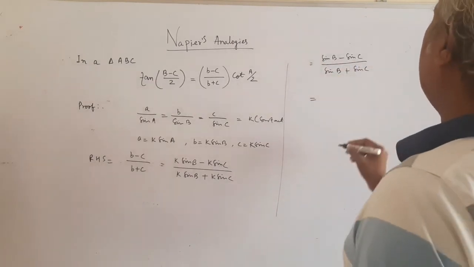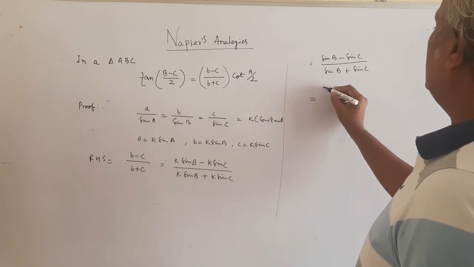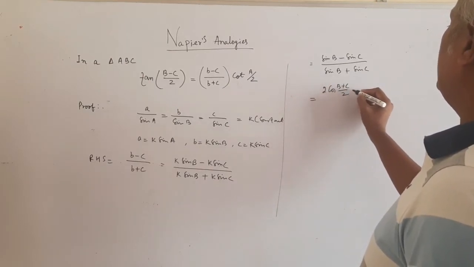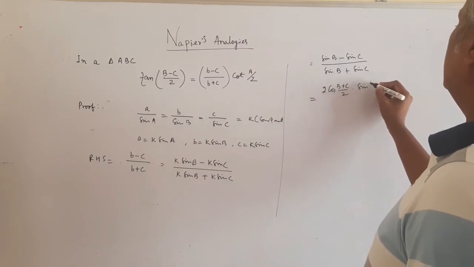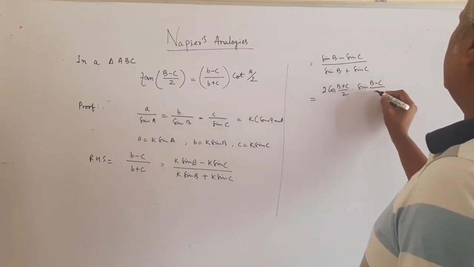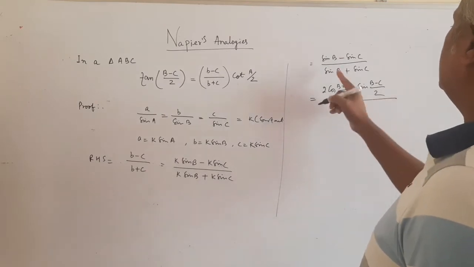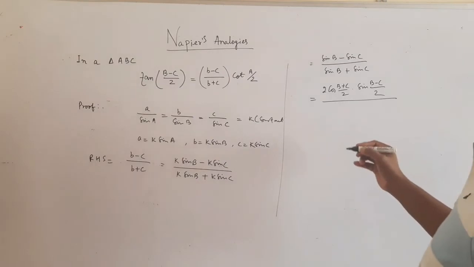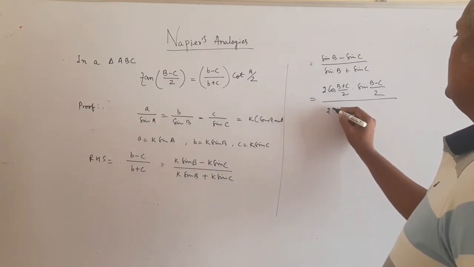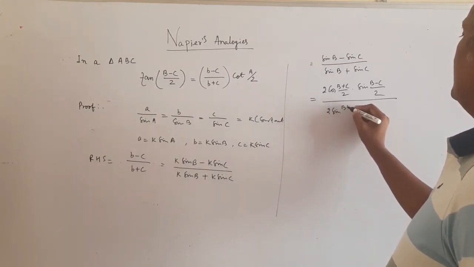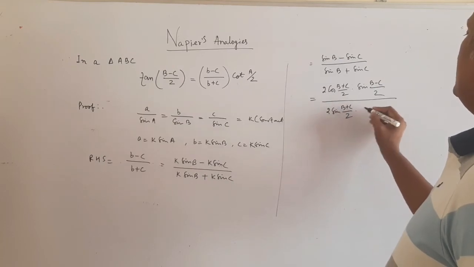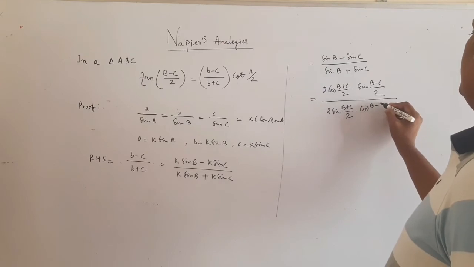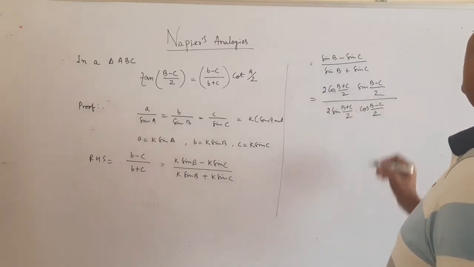Now what is sine B minus sine C? That is 2 cos of (B plus C) by 2 into sine of (B minus C) by 2. And what is sine C plus sine D? This formula goes like 2 sine of (B plus C) by 2 into cos of (B minus C) by 2.